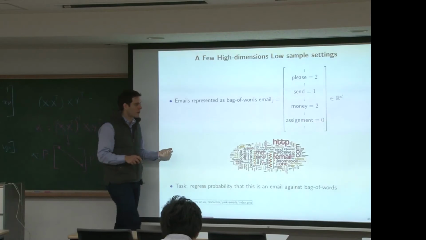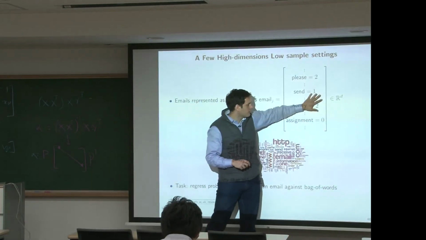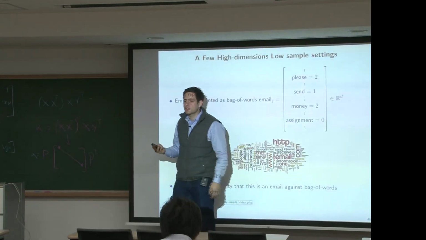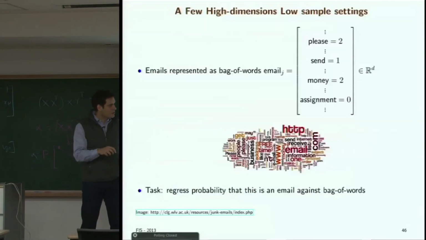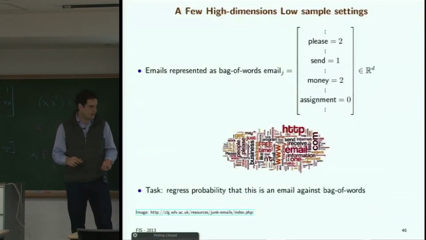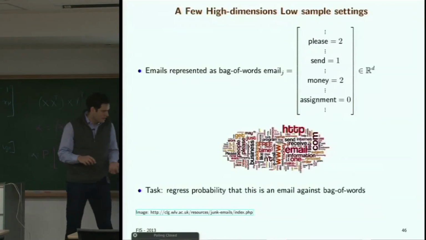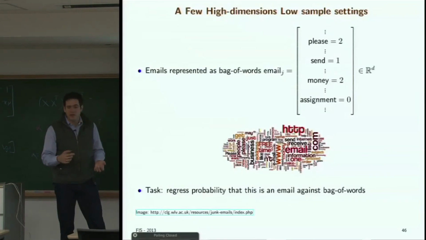If, on the contrary, these words do not appear, and assignment appears once or twice, maybe it's a mail that you sent me. So another way of visualizing a bag of words is through those clouds of tags, sorry. Basically, the size of each word would be proportional to the frequency of that word.